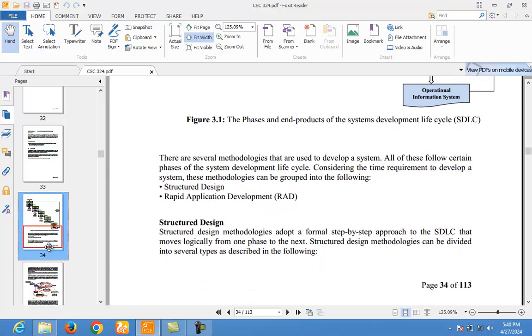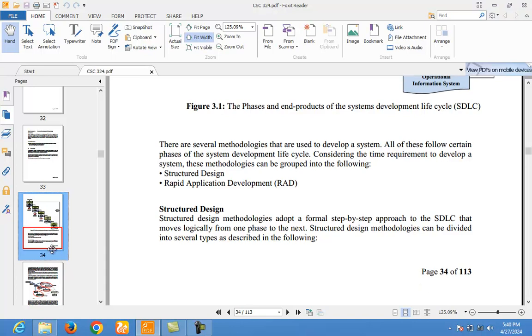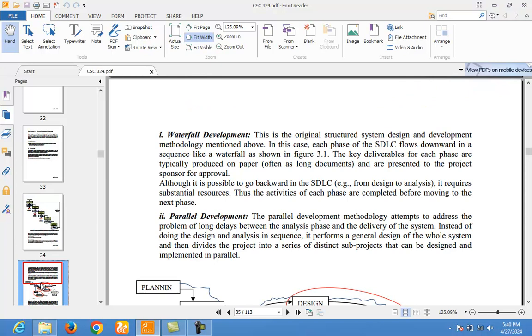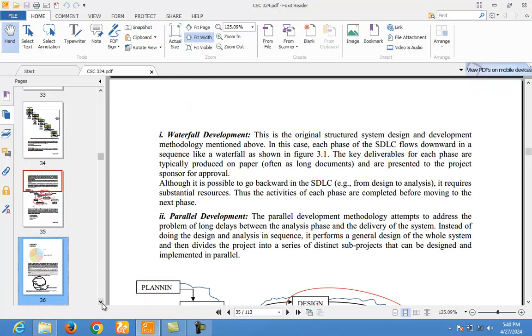Now, we can group the methodologies into structured design and RAD, which is rapid application development. Structured design methodologies adopt a formal step-by-step approach from one phase to the next, as we see in the system development life cycle. So theirs is formal.